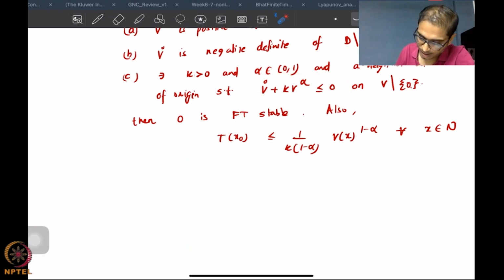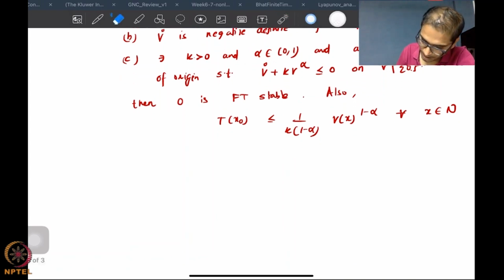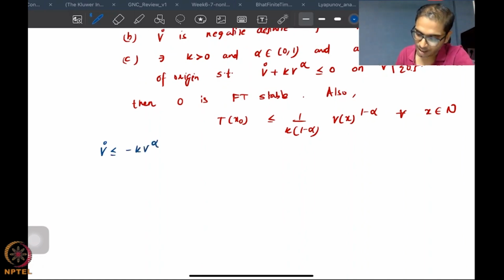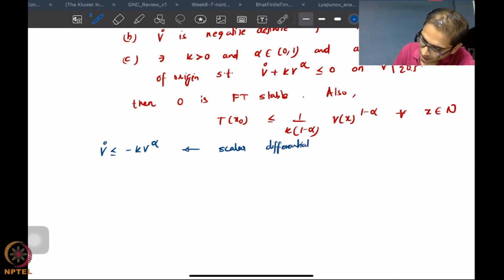If I look at this third statement a bit more carefully, it basically says that V dot is less than or equal to minus kV to the power alpha, and if you see, this is a scalar differential inequality. It's not a differential equation, but a differential inequality, right?